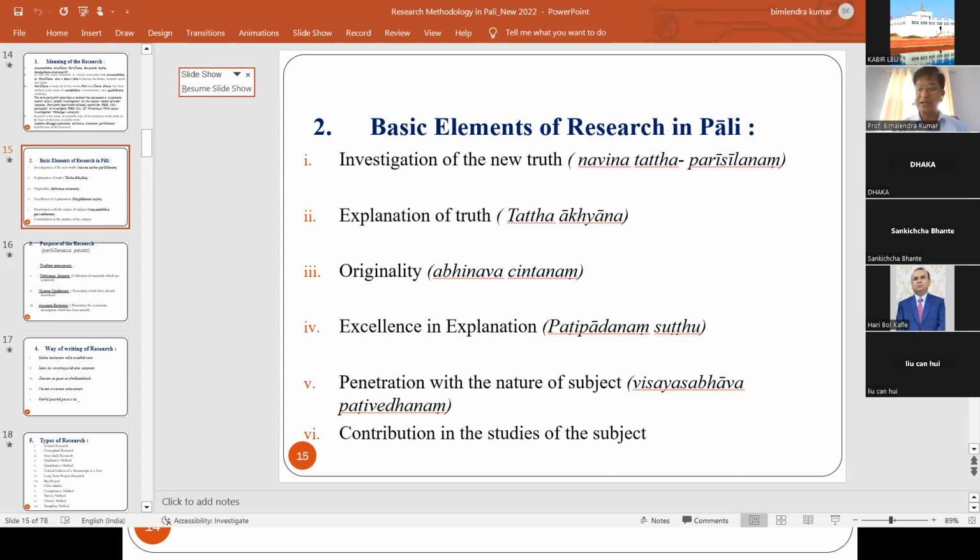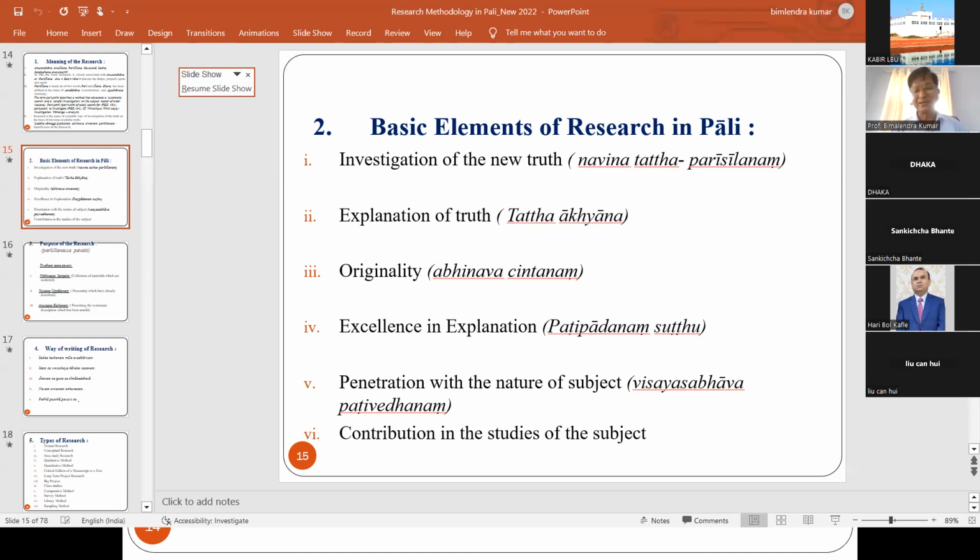The second element, or tattva, is that whatever materials are available to us, and based upon those ideas or definitions or concepts, if you are making explanations of those ideas or the truth or the thoughts, this is another aspect related with the elements of research in Pali.